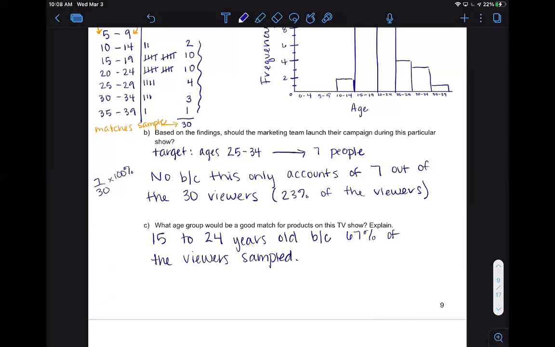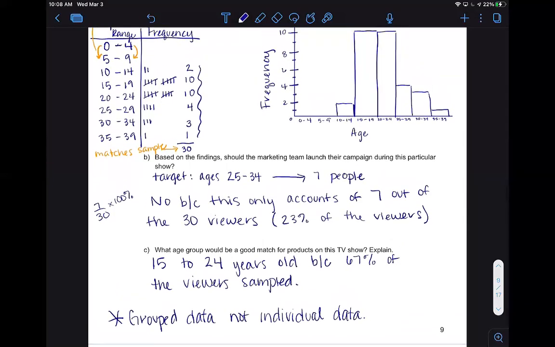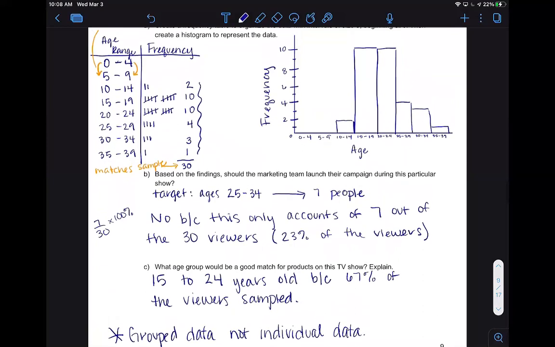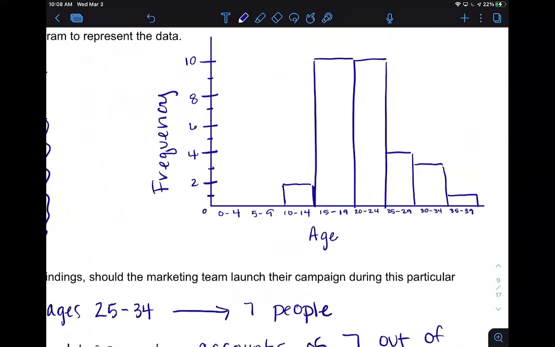And the key thing about histograms, like I said earlier, is that this is going to give us grouped data, not individual data. Okay, because here's what that means. If you were just given this frequency, I'm going to zoom this in real quick.